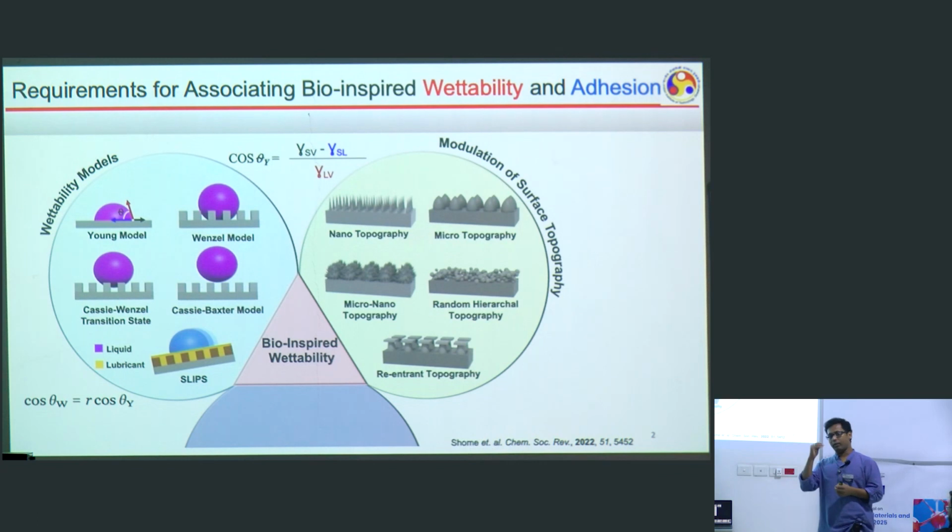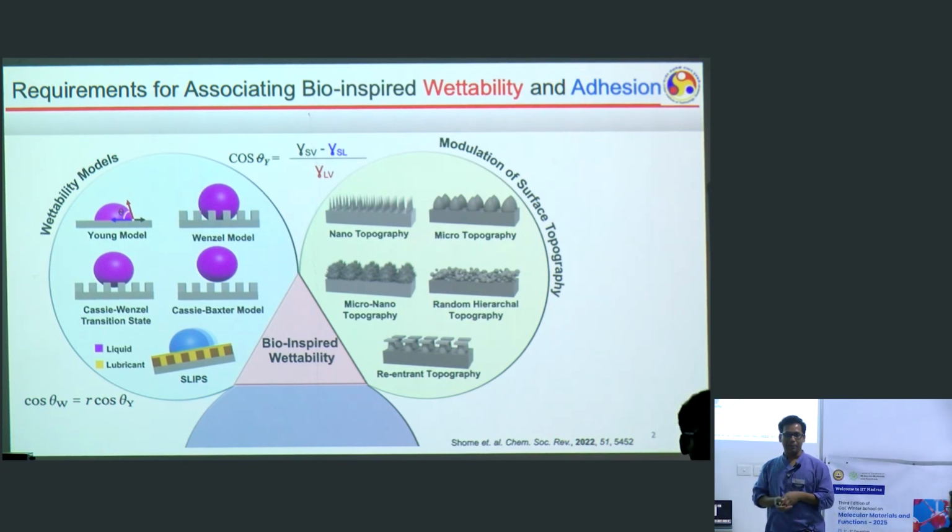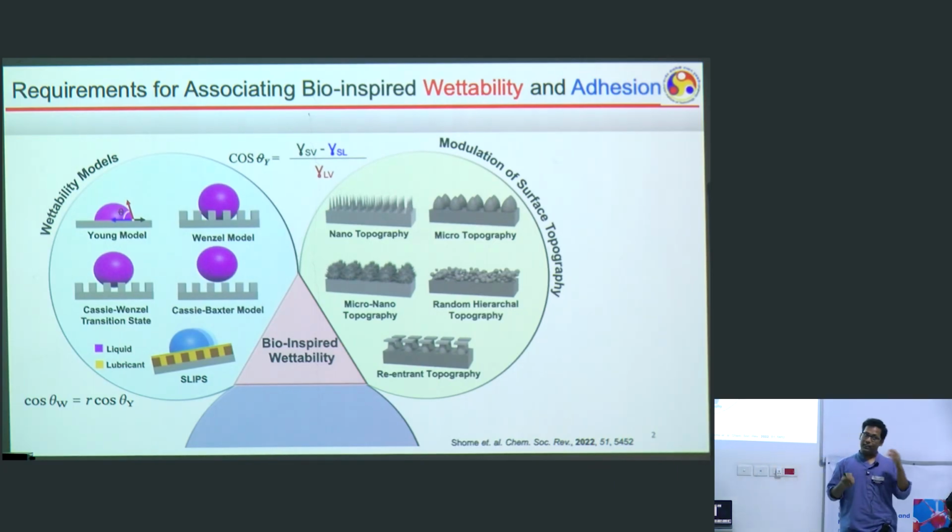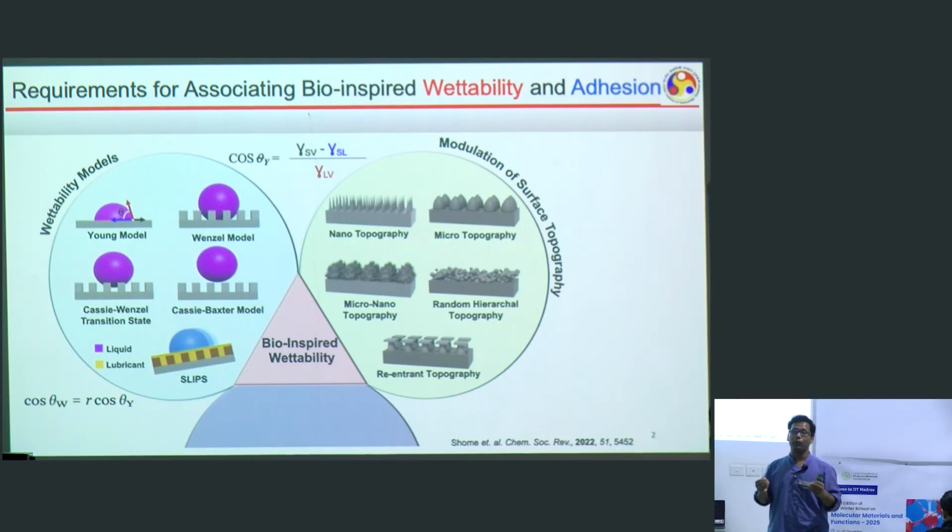Okay, if you cross that barrier, then it's called super hydrophobicity. If it is an oil, then it's called super oleophobicity. If this phenomenon happens underwater, then it's called underwater super oleophobicity, or under oil super hydrophobicity. It's a very simple thing. If you just understand the genesis of this contact angle, liquid and all, it's very clear.